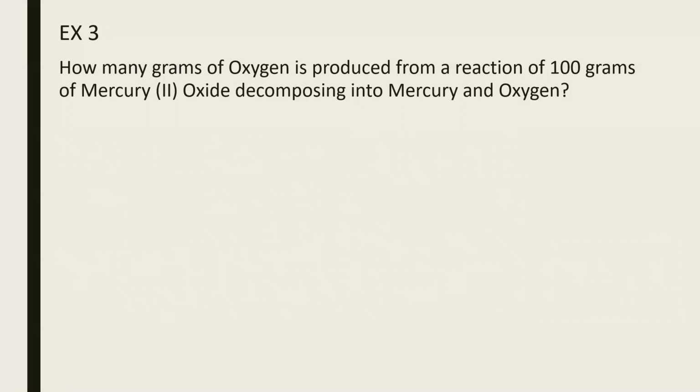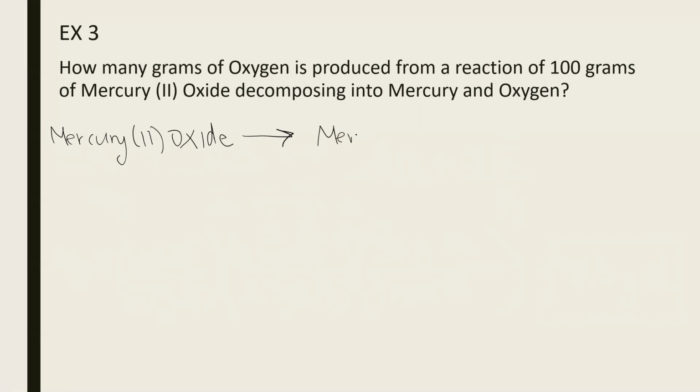Okay, so what is my reactant? Mercury oxide. So I'm just going to rewrite this for you guys. You don't have to write this out. Mercury 2 oxide decomposes, that's my yield, breaks down, into, what are my products?